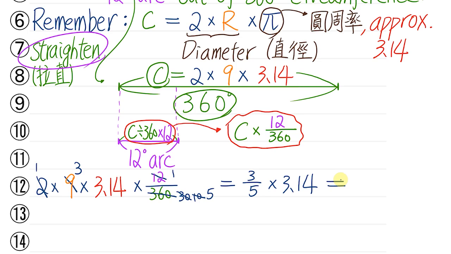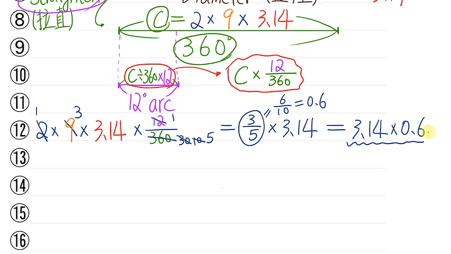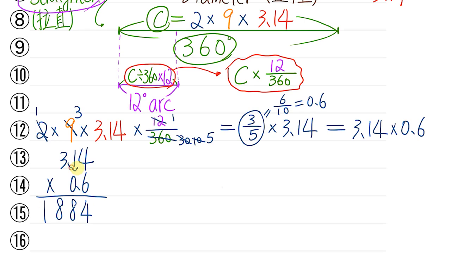This can be rewritten as, we can think of this 3 over 5 as 6 over 10, which is equal to 0.6. So this number is equal to 3.14 times 0.6. And let's do this calculation on the side. 3.14 times 0.6. Since there are 2 digits after the decimal point and 1 digit after the decimal point, we know our answer needs to have 3 digits after the decimal point.